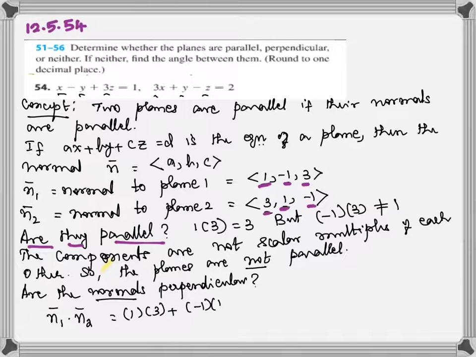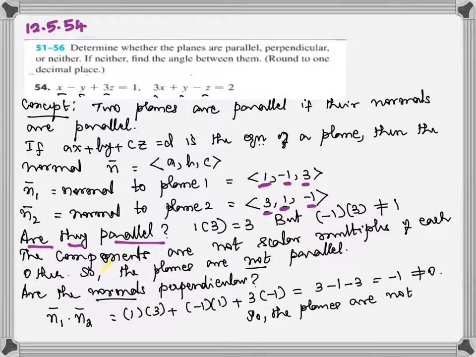You add them, and if it turns out to be 0, then the two normals are perpendicular, which will mean the two planes are perpendicular. Let's check. It's 3 minus 1 minus 3, which is -1. Absolutely, it's not equal to 0. That concludes that the two planes are not perpendicular.